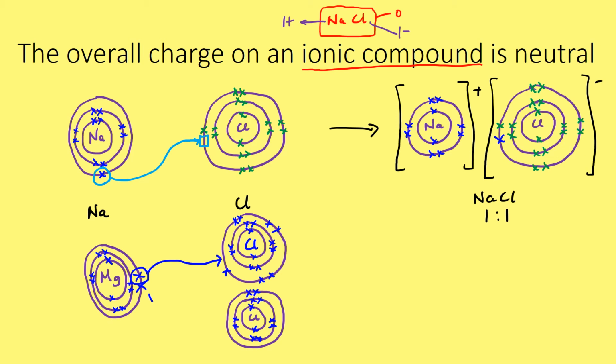There are 7 electrons in that chlorine atom, and so this electron here is going to move into that space there. And for the sake of completeness, let's just draw that out.